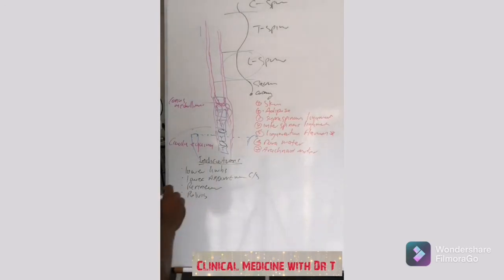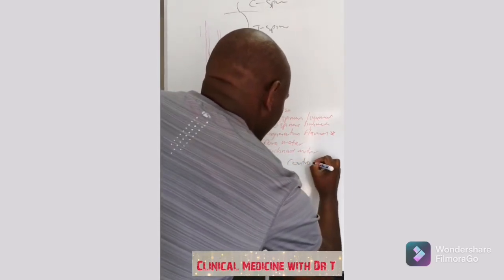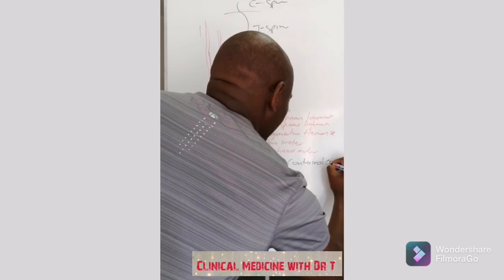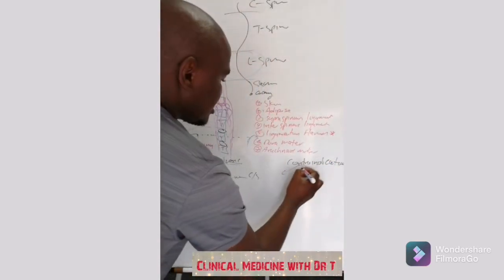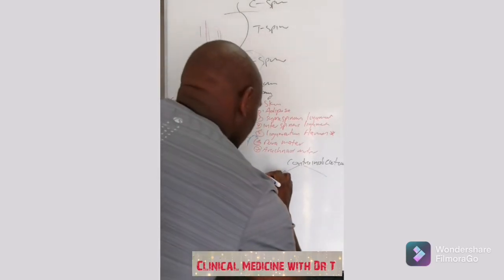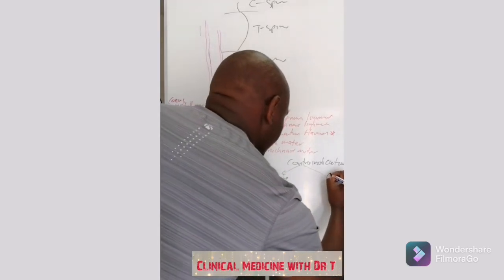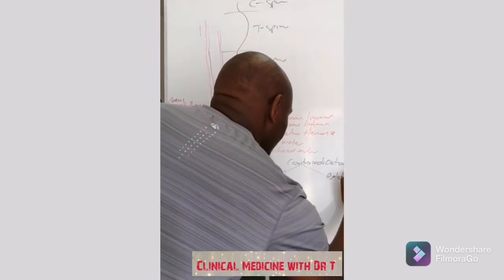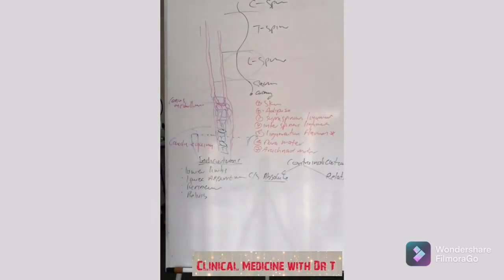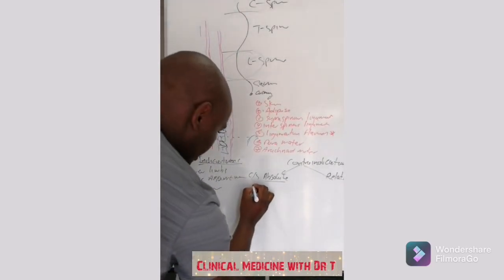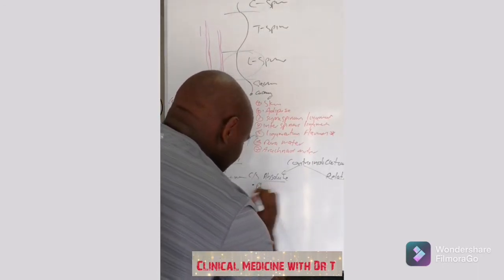But what are the contraindications? Contraindications are divided into two. There is what they call absolute and relative. Absolute contraindication is when the patient refuses, and we had this last week.